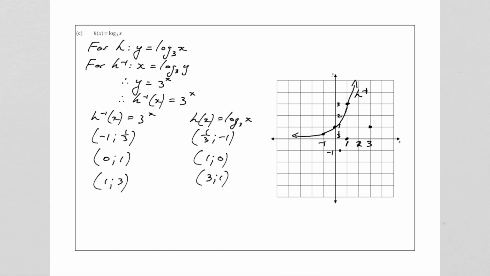And you can see that graph will go right here. So let's just draw that graph. And you can see that is the graph of h. That is the logarithmic graph. So let's just name it. This is h, and that one is the inverse of h.